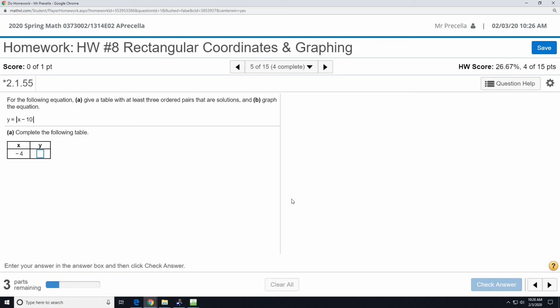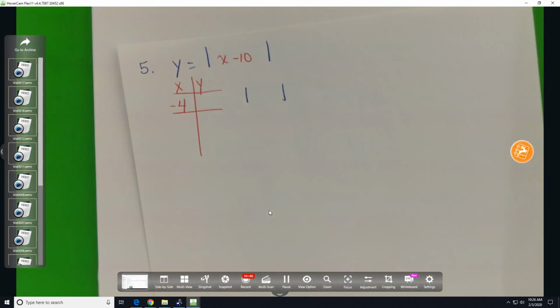They're making us make an XY table. And the first number we're told is to plug a negative 4 in for x. So I'm putting a negative 4 in for x.